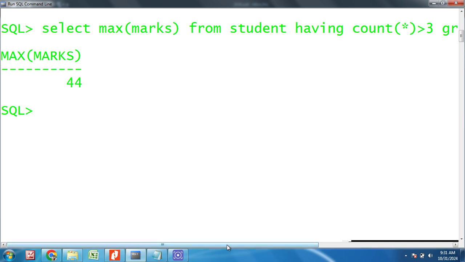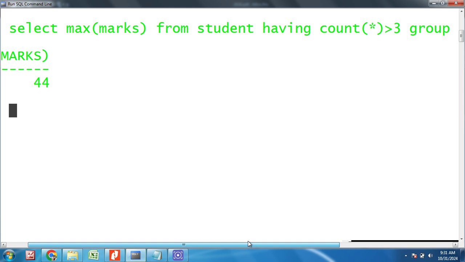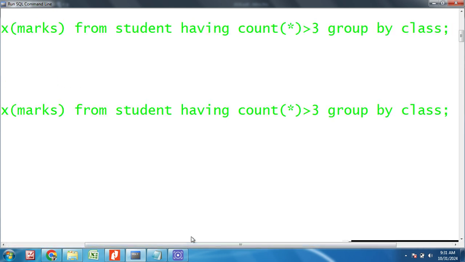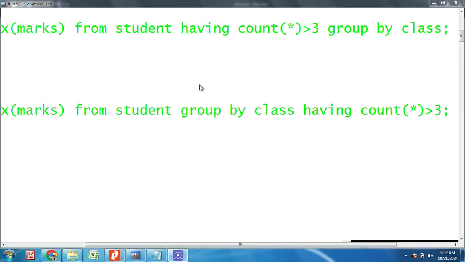Now, can we change the sequence of having and group by class? Let's change the sequence of group by clause and having clause. First write the group by clause and then write the having clause.